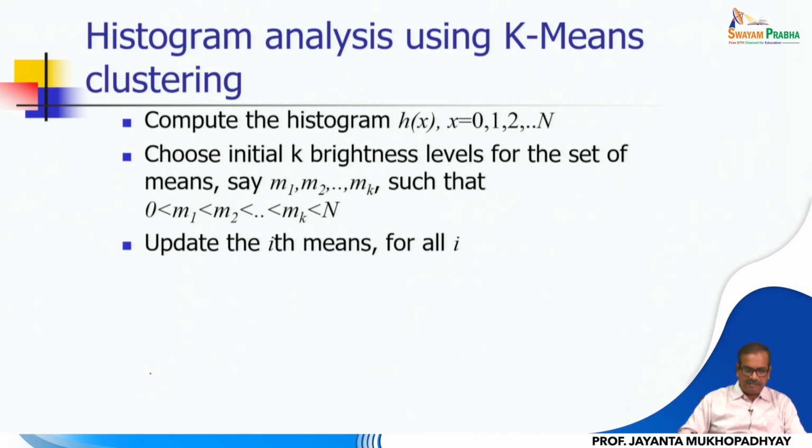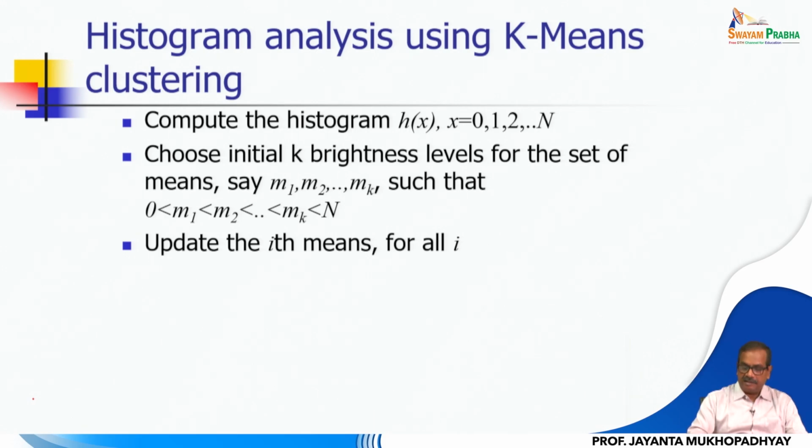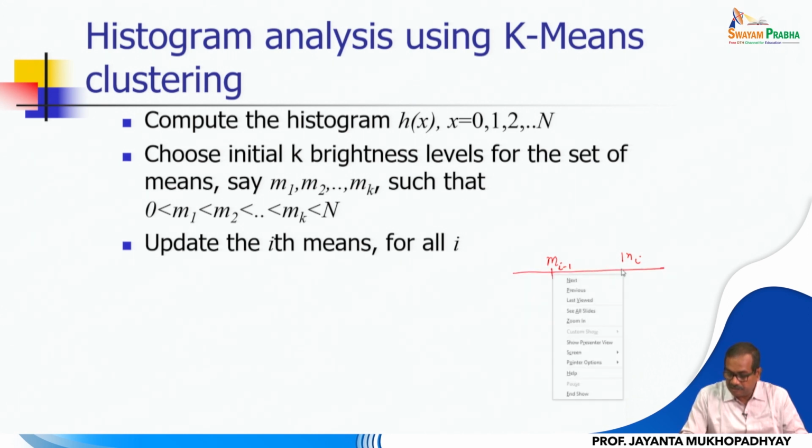Since it's a very simple case, consider any two adjacent means, say m_{i-1} and m_i, in your brightness interval. Since they are sorted, if I look at them, this is the brightness axis.